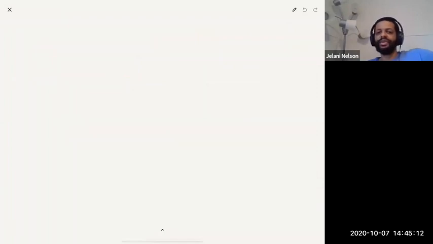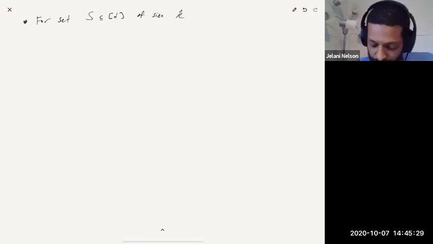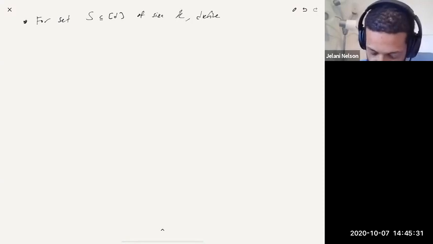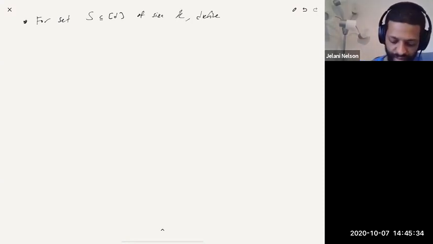Okay, so what is the collection going to be? Now let's, for a set S, a subset of [d] of size k, define, let's call it Y sub S to be the indicator vector of S divided by root k.